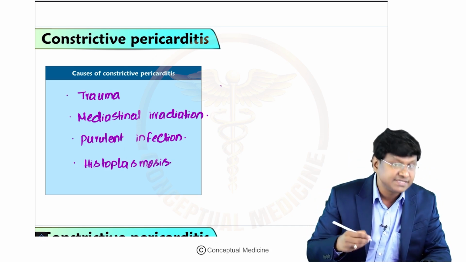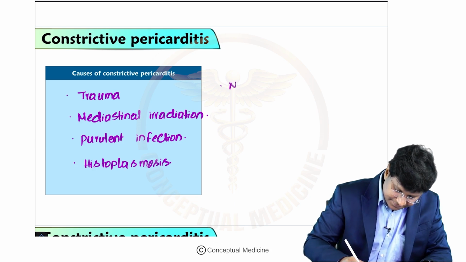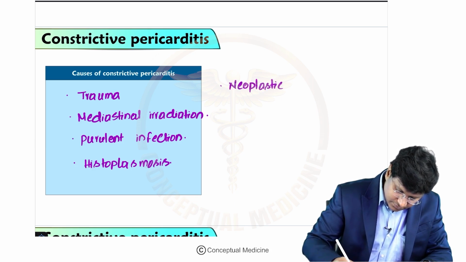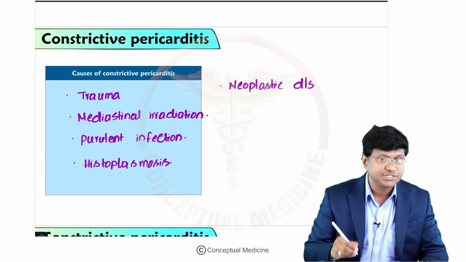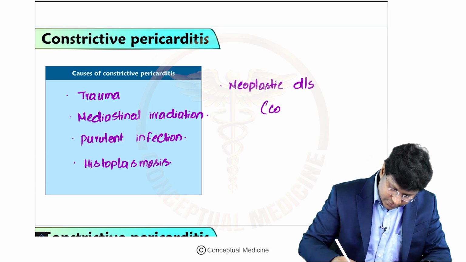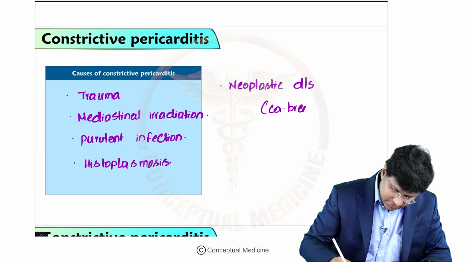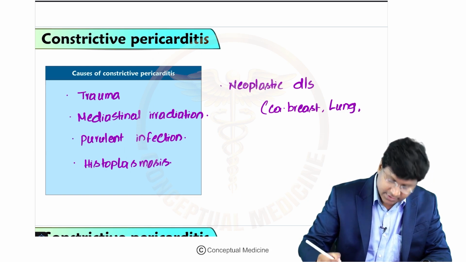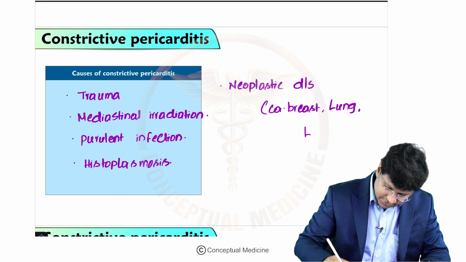And we also have some neoplastic diseases. These neoplastic diseases include carcinoma of the breast, carcinoma of the lung, and then lymphoma.